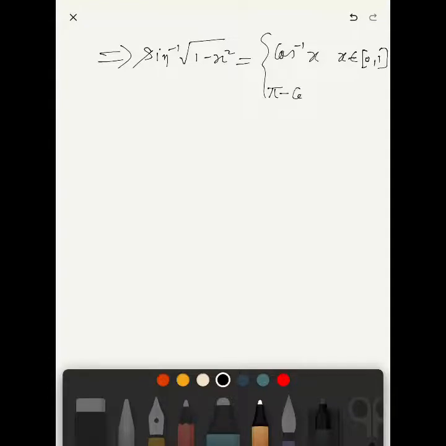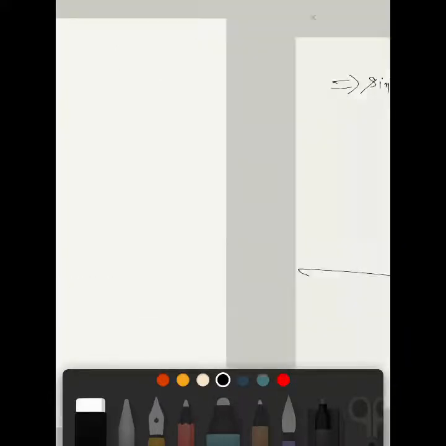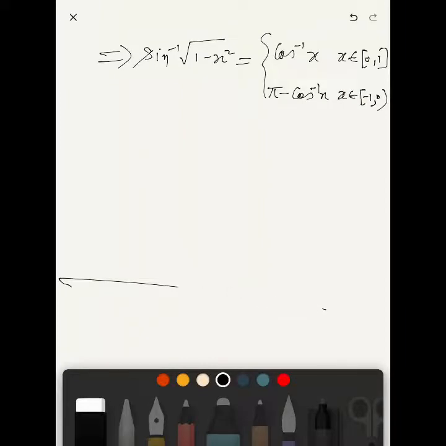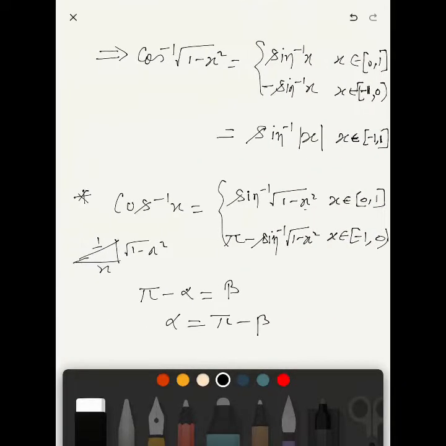pi minus cos inverse x, for x belongs to -1 to 0. Doing nothing, I'm just shifting this to right and bringing this to left.